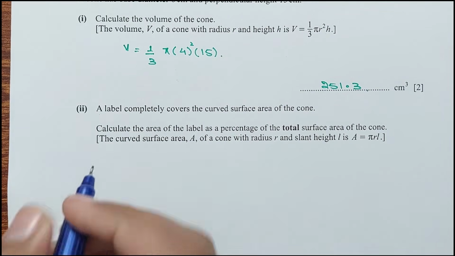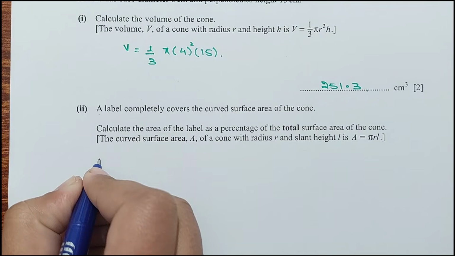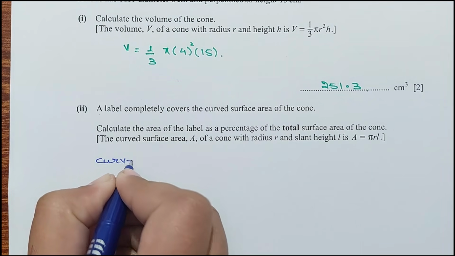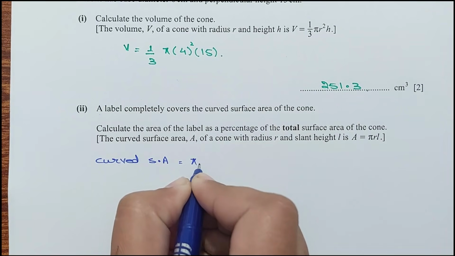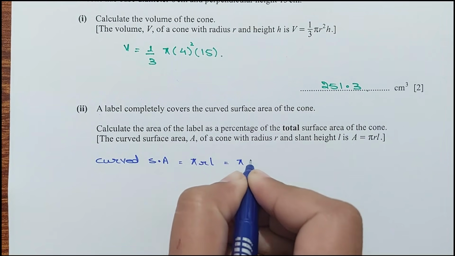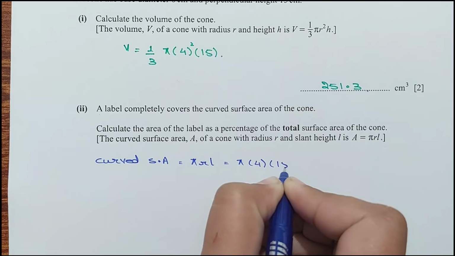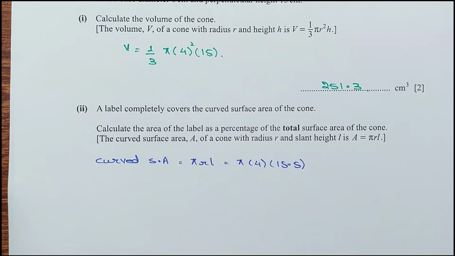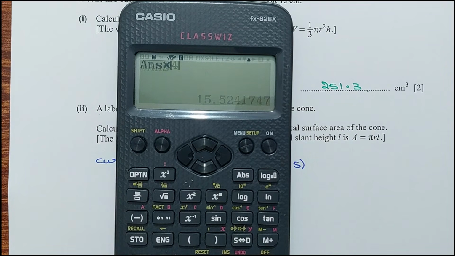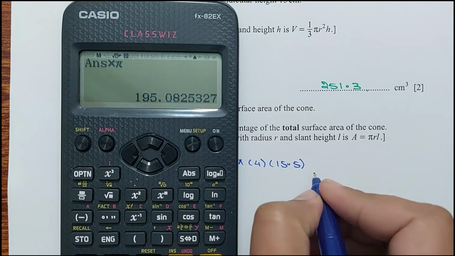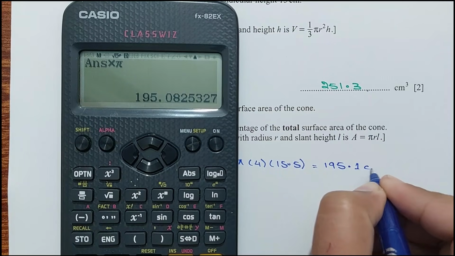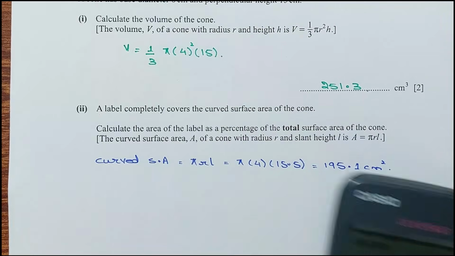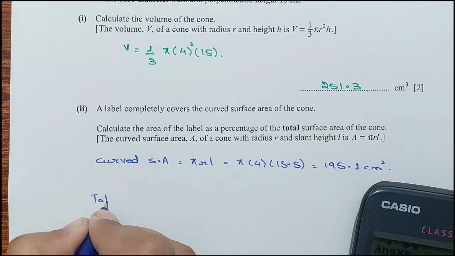Okay, so we can say the curved surface area is pi r L. This is pi times 4 times 15.5, which is 195.1 centimeters squared, right? Now let me work on the total surface area.